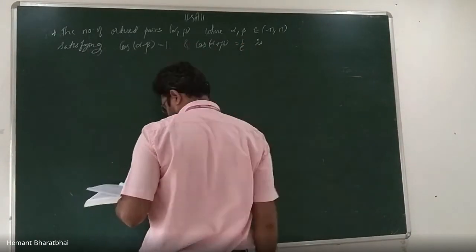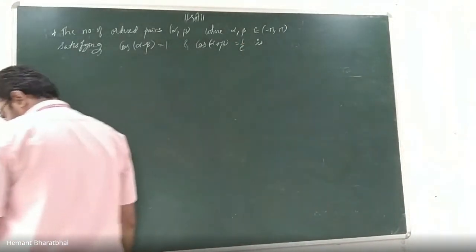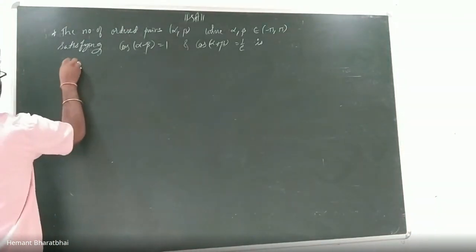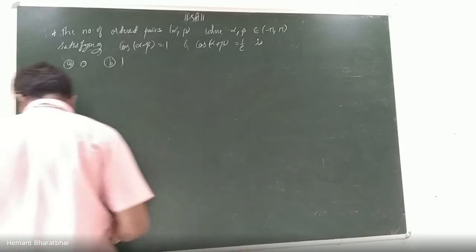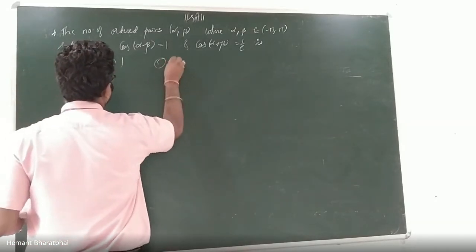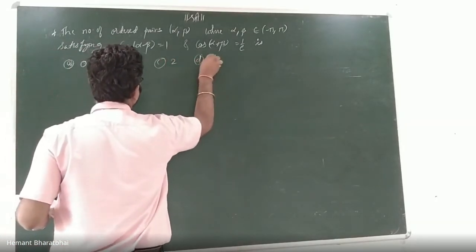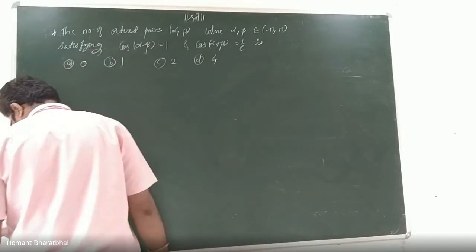So how many ordered pairs will I have? Option A is 0, option B is 1, option C is 2, option D is 4.